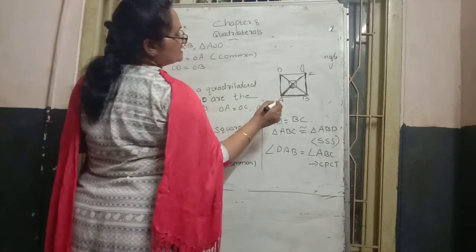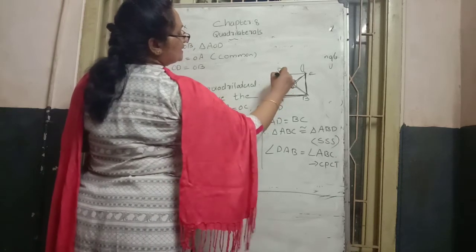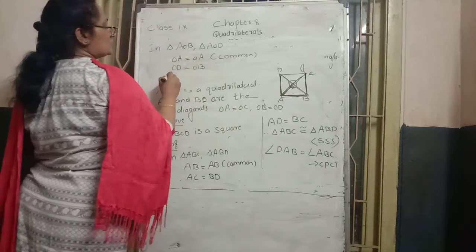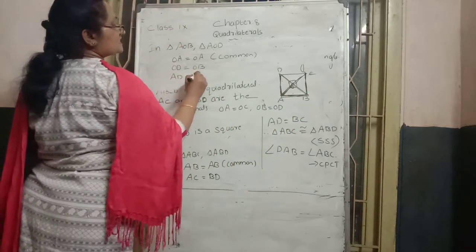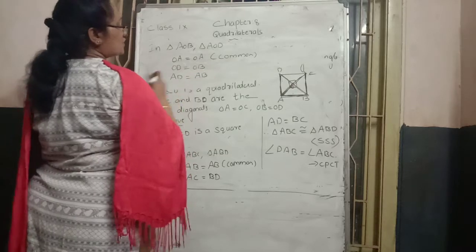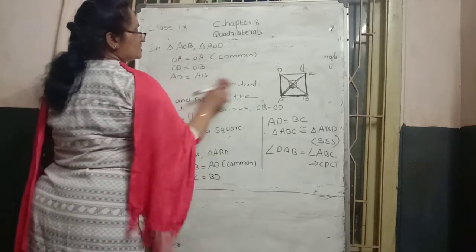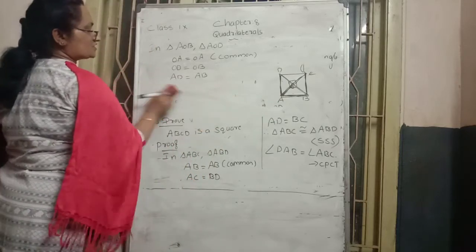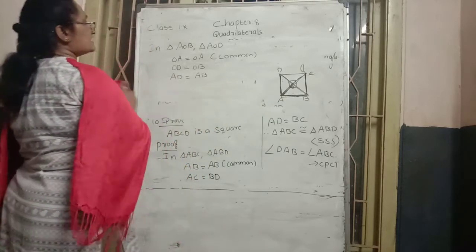Next, AD side and AB side are equal, the third side of the two triangles. So three conditions are satisfied, and the two triangles are congruent.